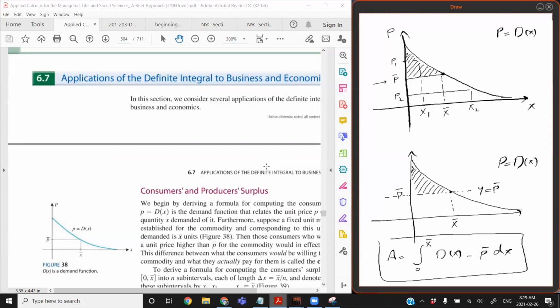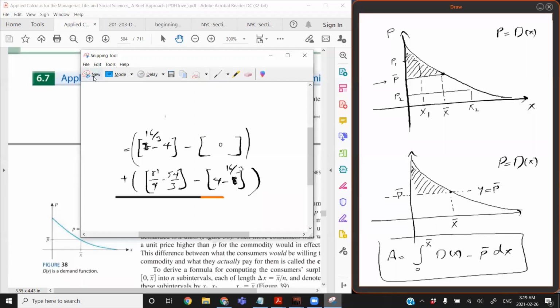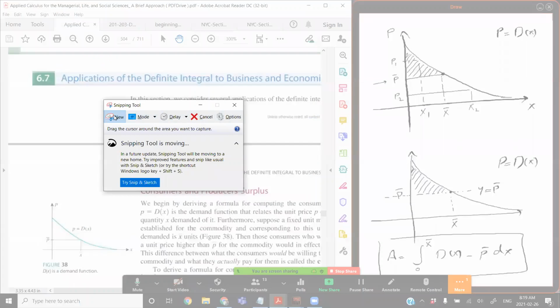Since p bar is a constant, I can make that formula a little more precise and easier to use.